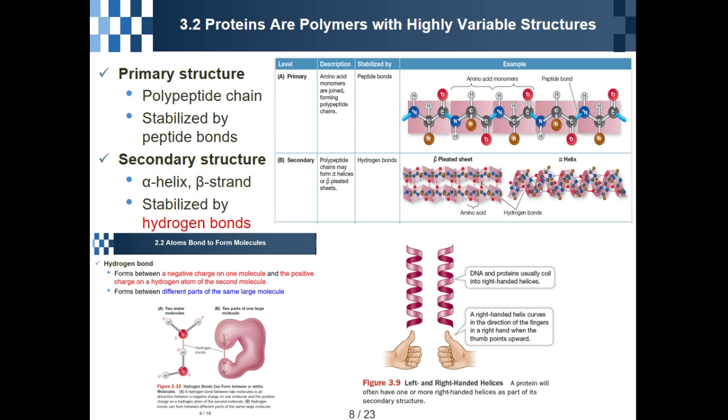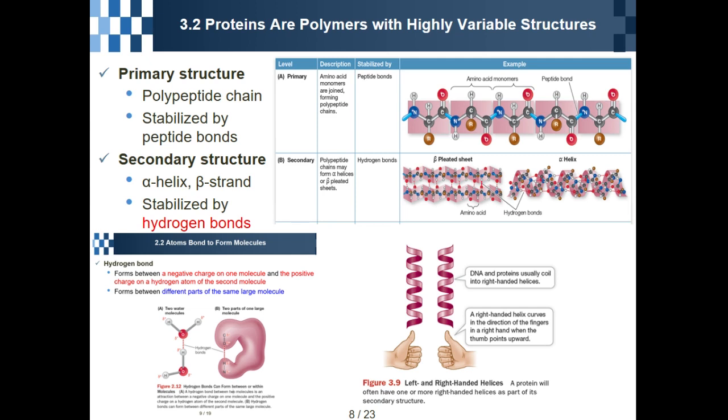Between the CO and the NH there is hydrogen bonding, hydrogen bonding, like this. If there is no hydrogen bonding, they will not go forward. And this is a beta sheet, which is also held together by hydrogen bonding.